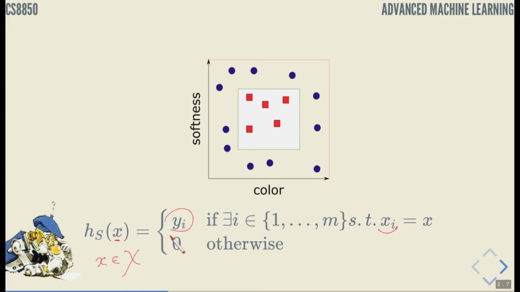But if a new papaya falls here, or here, or anywhere else, I will return 0. So look, my empirical risk is 0 here. My accuracy is perfect.